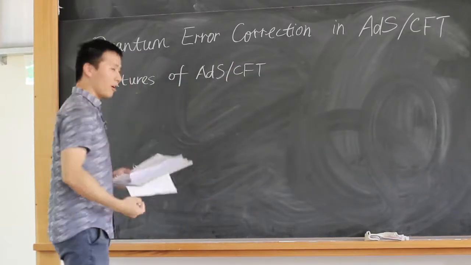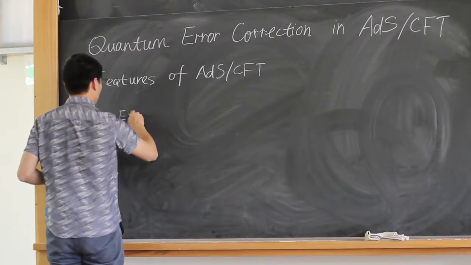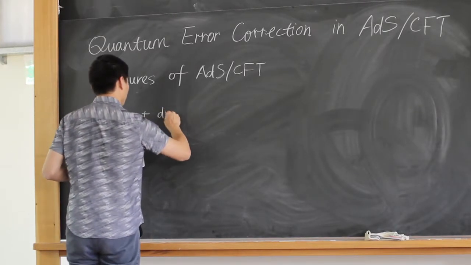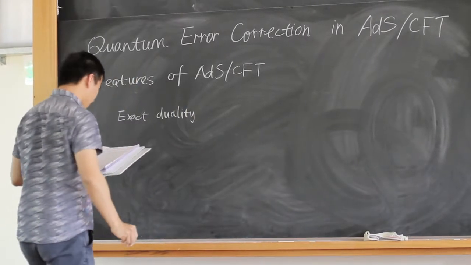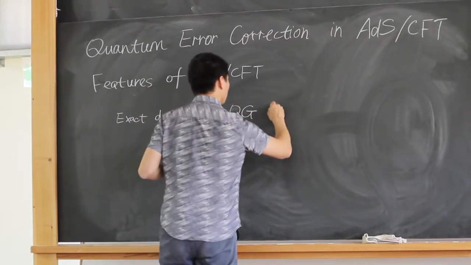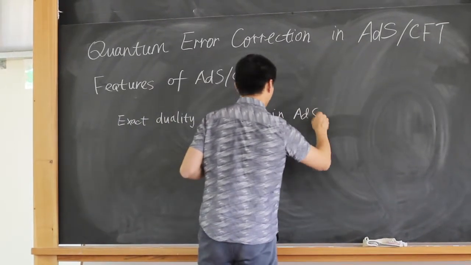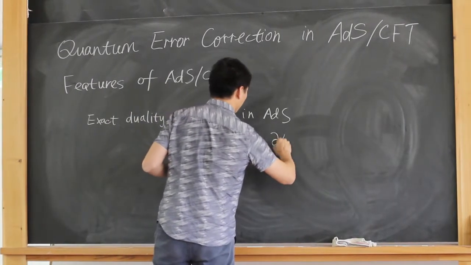As we all know, AdS/CFT is an exact duality between two different theories. One is quantum gravity in AdS space, and the other is conformal field theory on the boundary of AdS.